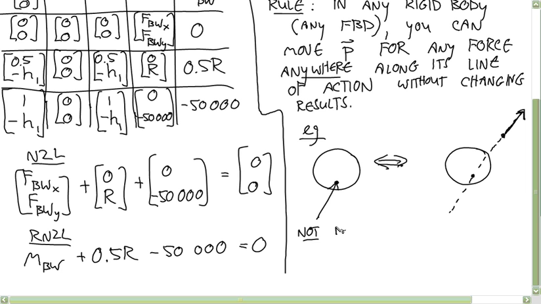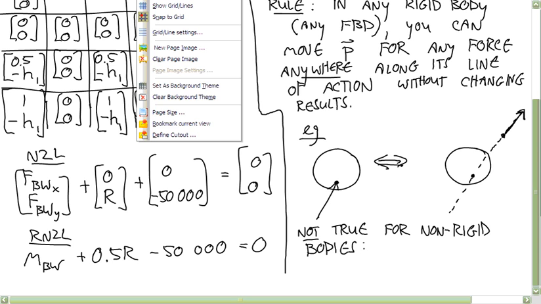This isn't true for non-rigid bodies. Let me draw the silly putty again.